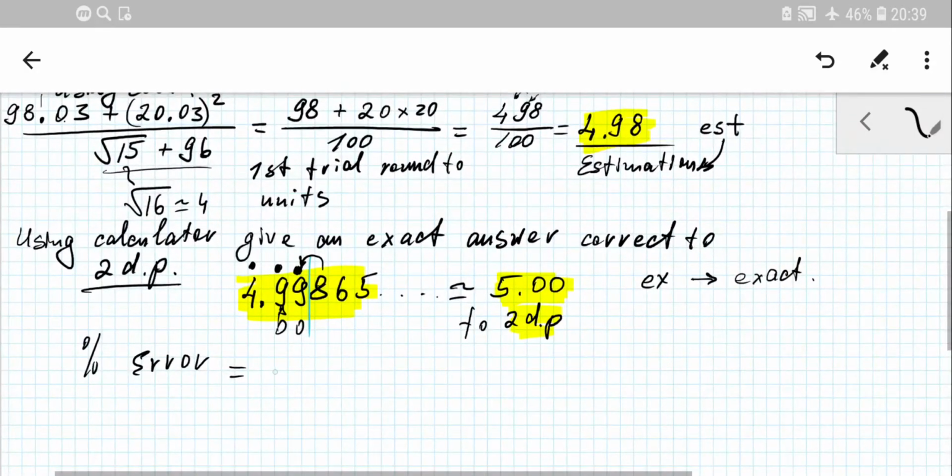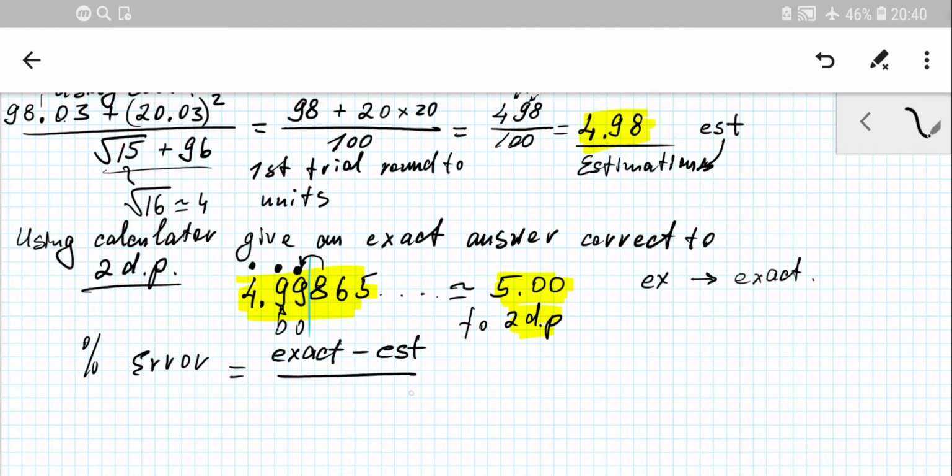You definitely need the difference between, let's take exact minus estimated, over the exact value. And the result you multiply by 100%. That's the normal practice for how you work out your error percentage or percentage error.